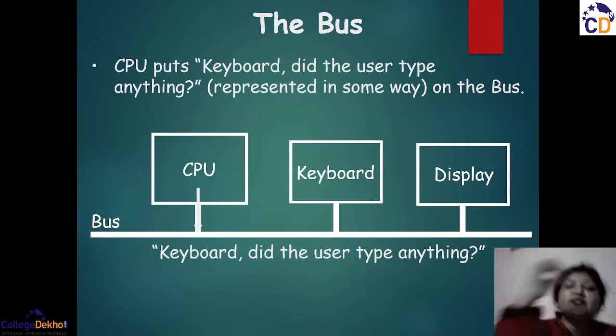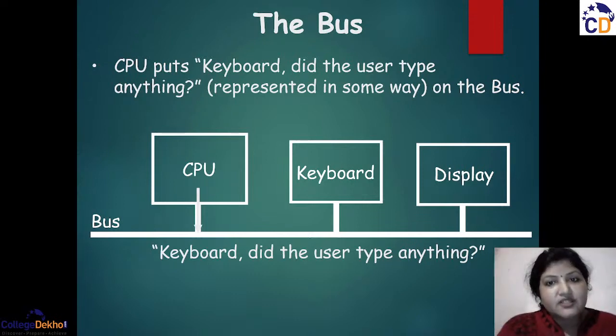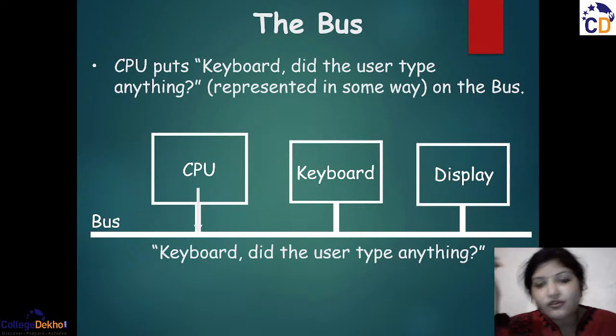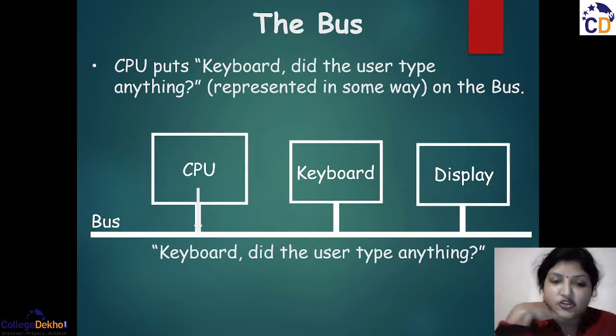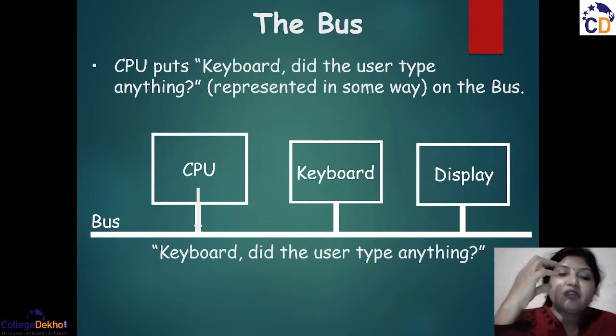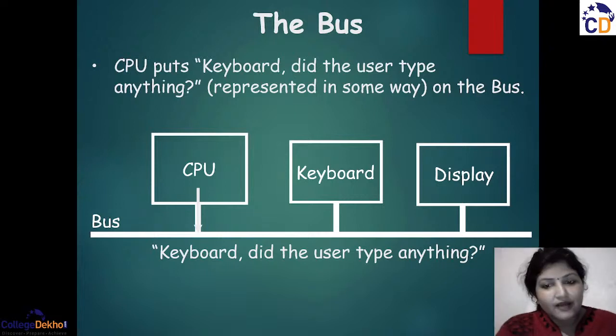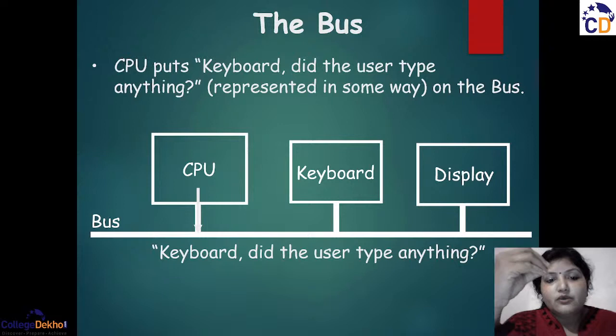So it's the brain of the computer which checks out everything. And from where are we getting the input? From various input devices that we have done. We have already discussed the input and output devices in the previous sessions. So we have understood there is one bus which is connecting all the hardware or the input and output devices, and the brain of the computer is now deciding whether any input is given by the user or not.